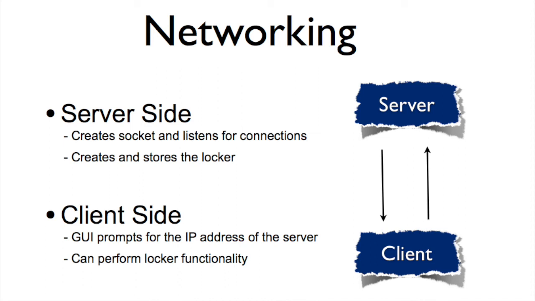Client side connects to the server through a GUI by prompting for the IP address. It then opens the connection and either creates a new locker or opens an existing one. The client is then able to retrieve, input a file on the server side, or store a file. Moving forward, we'd like to implement passing files from the client to the server and vice versa.